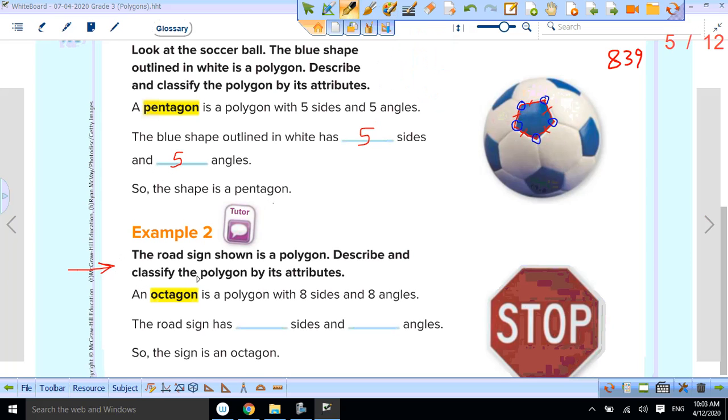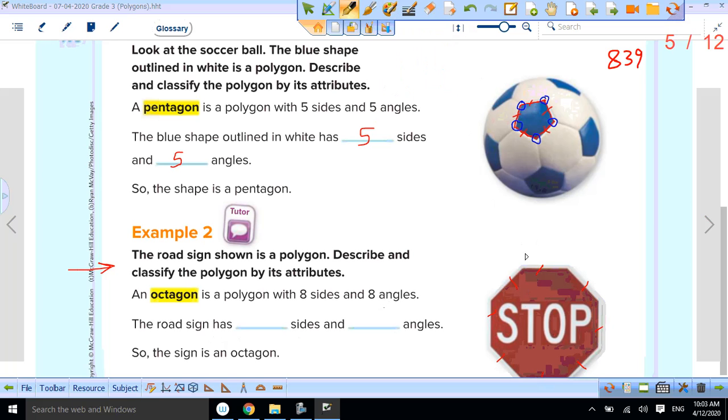Example 2. The road sign shown is a polygon. Describe and classify the polygon by its attributes. An octagon is a polygon with 8 sides and 8 angles. The road sign has how many sides? 1, 2, 3, 4, 5, 6, 7, 8.